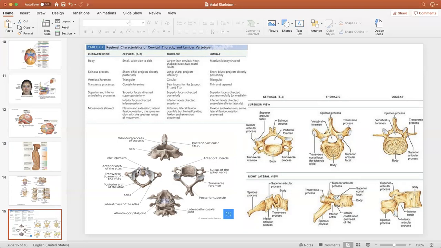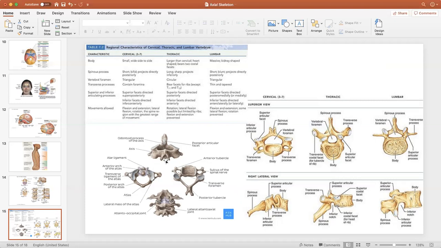And the unique thing about this cervical vertebra is it doesn't have a vertebral body. So it's just a posterior arch and an anterior arch here with the transverse processes coming off here, and the transverse foramen, which is the hole in the cervical vertebra. That's a unique thing about the cervical vertebra.